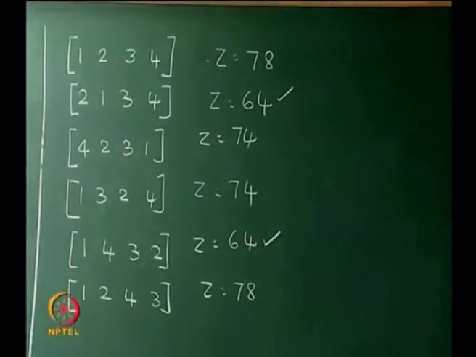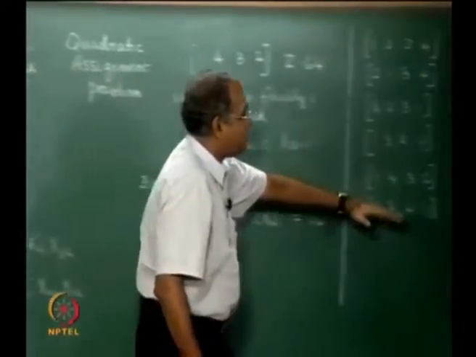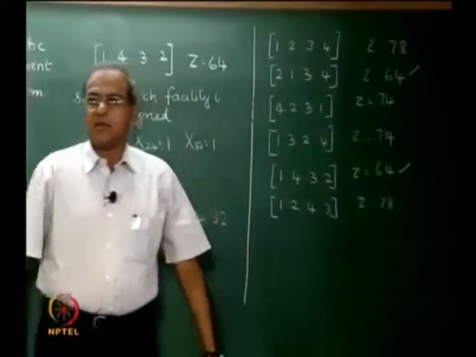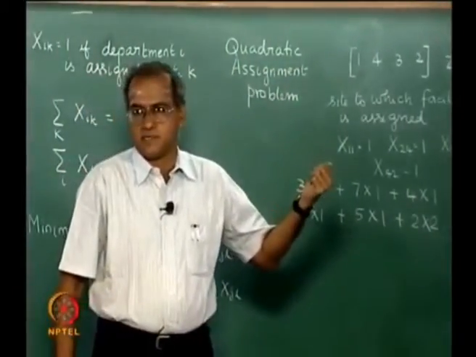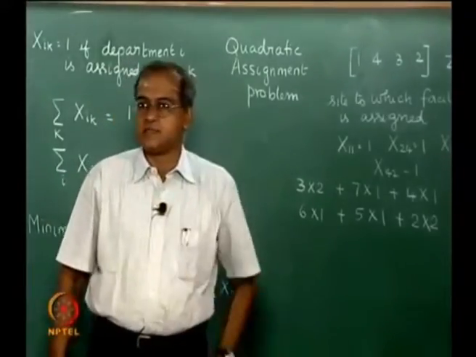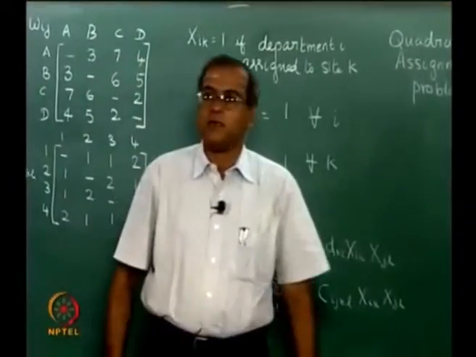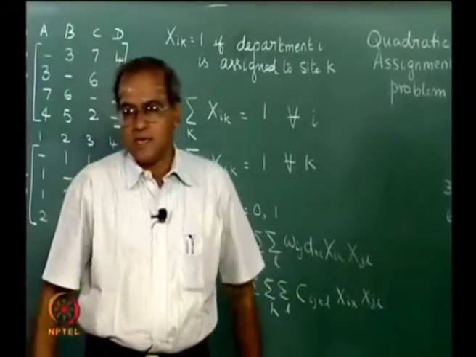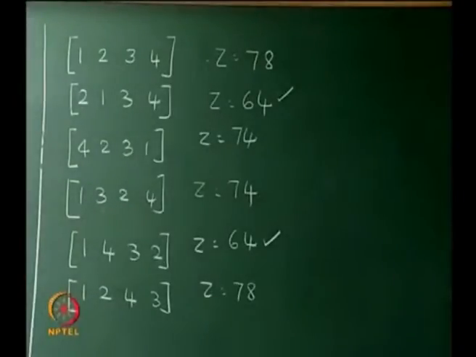Right now, since we have already seen that z equal to 64 is optimum, we could say that this exchange algorithm is able to give the optimum solution for this problem instance. But many times, particularly as n increases, the exchange algorithm is unable to give the optimum solution in many instances. Nevertheless, it is a good heuristic to solve the quadratic assignment problem.